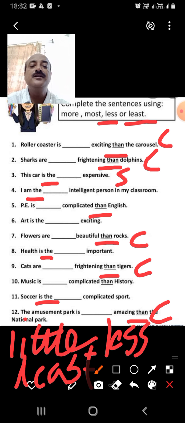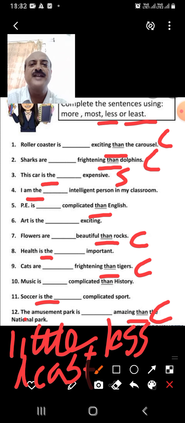Art is the most exciting. Subject you can say, I am the most intelligent. After this most we don't use the, we use it before. The most, he is the fastest runner. She is the most beautiful girl.